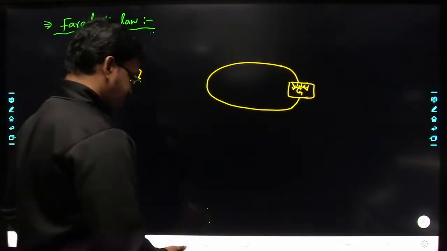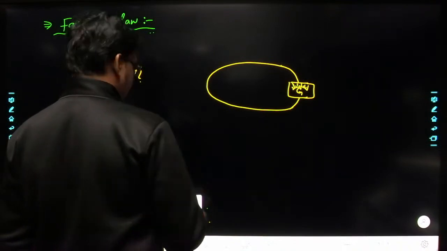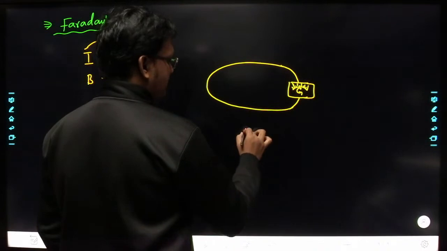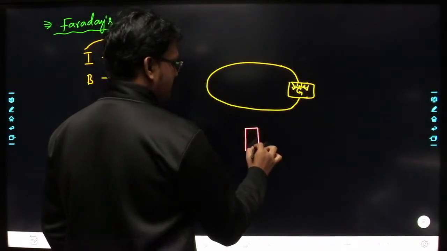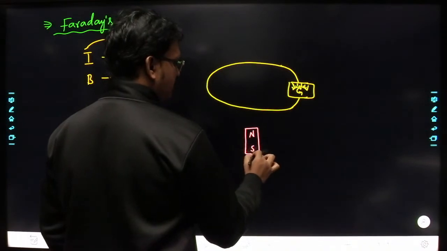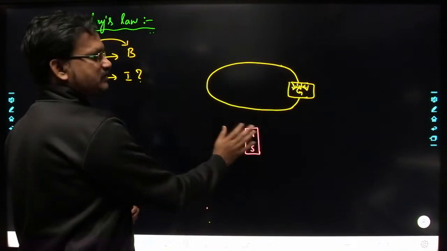Then he has taken a magnet and kept that magnet near the conducting loop like this. Why has he kept the magnet near the conducting loop?